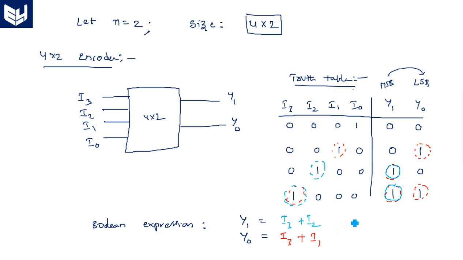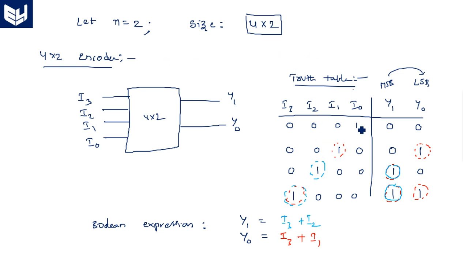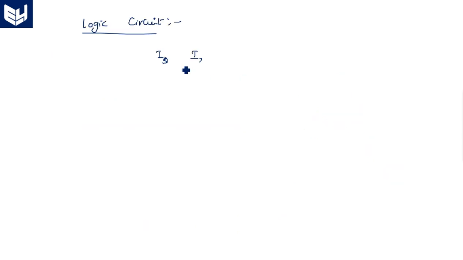Now we can draw the internal logic circuit for this 4 to 2 encoder. How many inputs are there? Four inputs, but I0 is not involved, so just take I3, I2, I1.